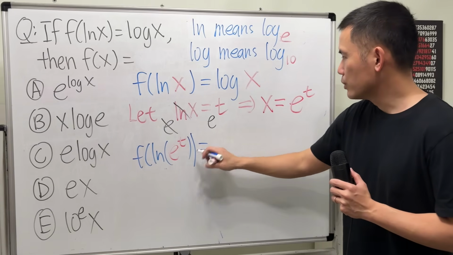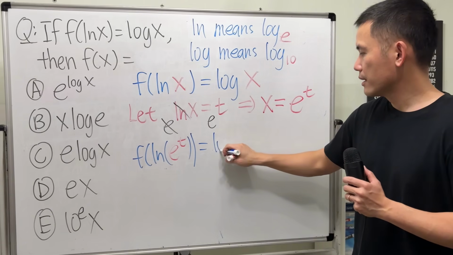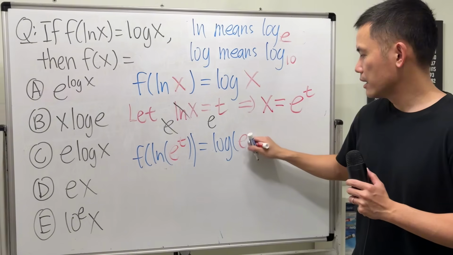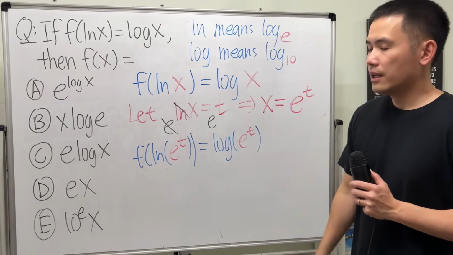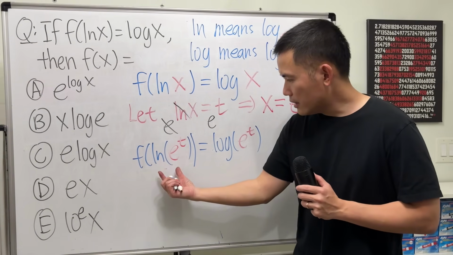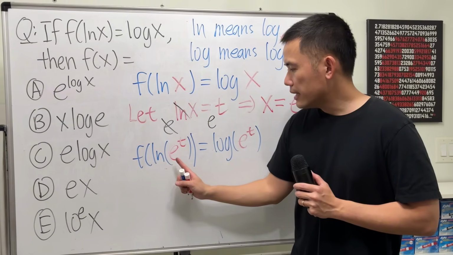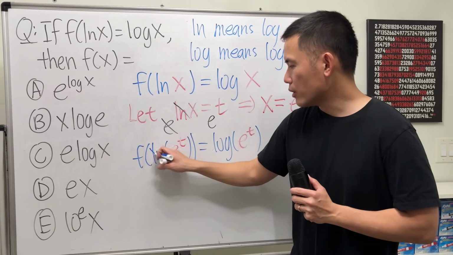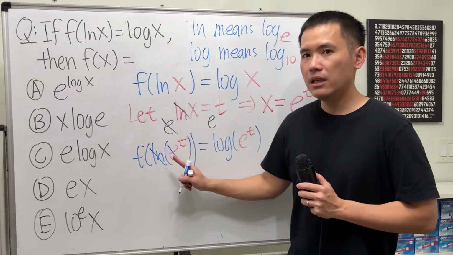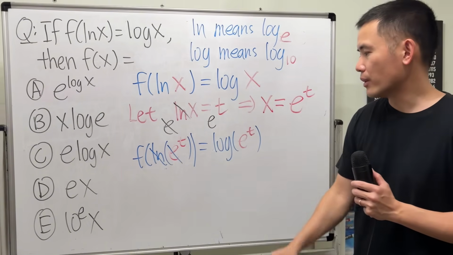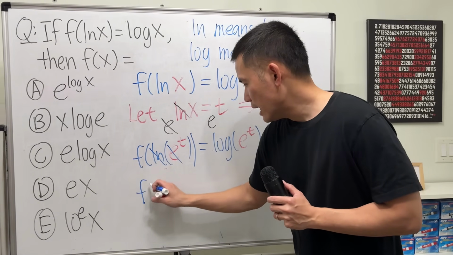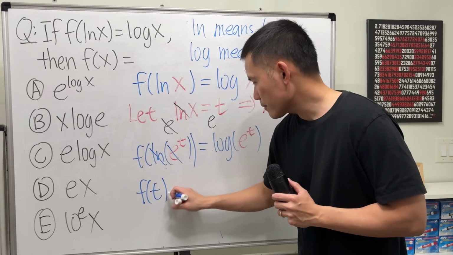All right, and then we do the same thing right here. Now, here on the inside, ln and e to the t, they cancel as well because this is log base e and this is e to the power. They cancel. So we just get f of t.